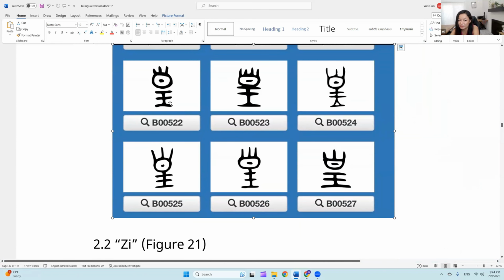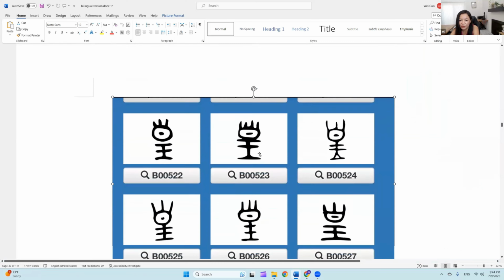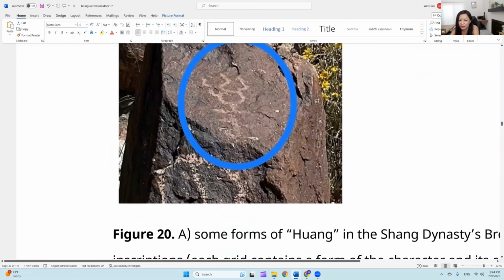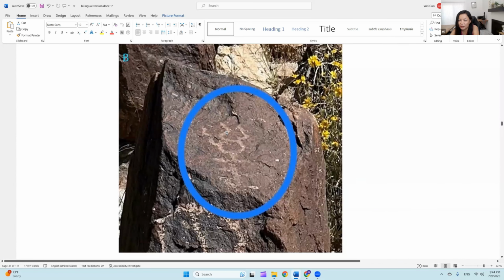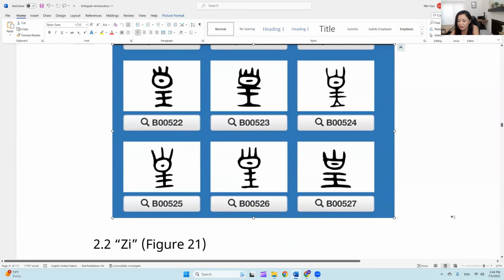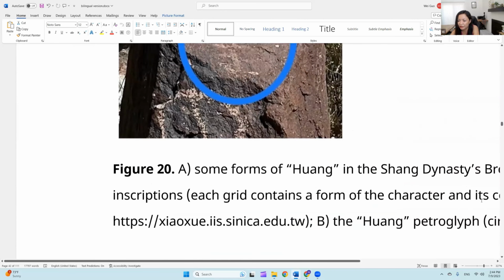This is taken from Han Ziyuan, which was developed by an individual, an American gentleman. So you see here, this character means royal, means emperor.